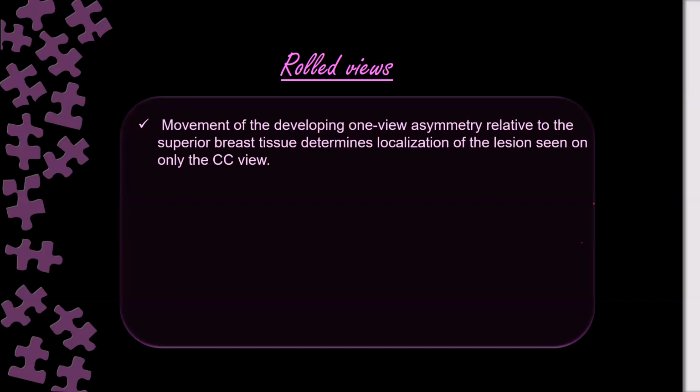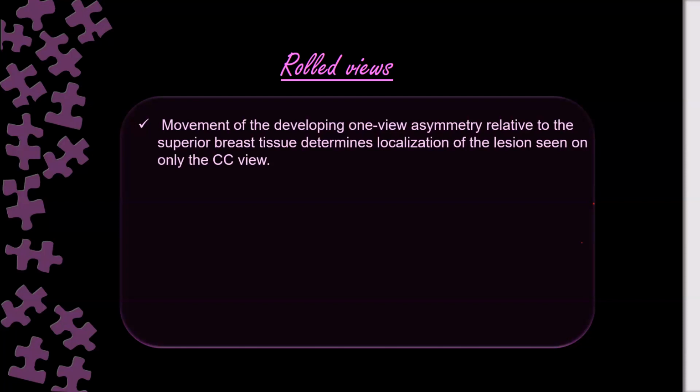I want to make sure I have seen it, either I will see it central, or medial, or lateral. I don't know if it is in the superior or inferior breast, because I could not see it on the lateral or medial, or the straight lateral. Any lateral view, oblique or not oblique, I'll not see it.